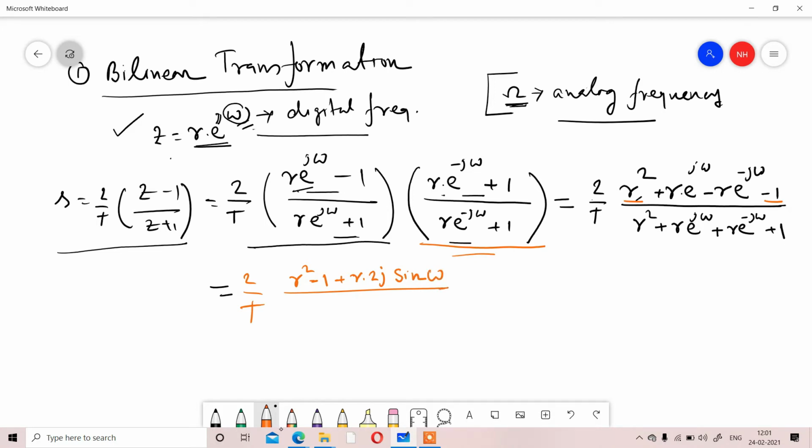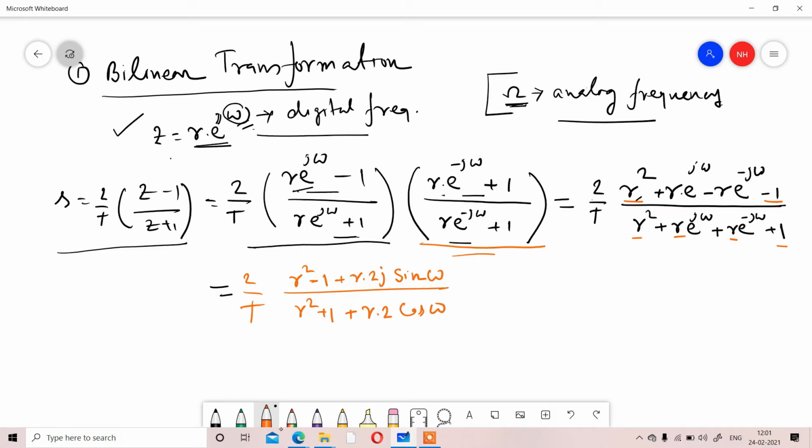Similarly, in the denominator side, that is the real part, r square plus 1 plus, if we make r common from here, the remaining part is multiplied and divided by 2, it will be cos omega. So r multiplied by 2 divided by 2, as a result we are getting cos omega.